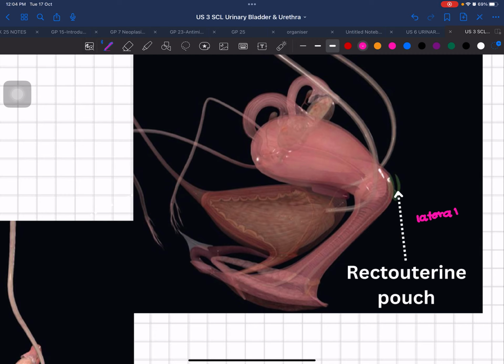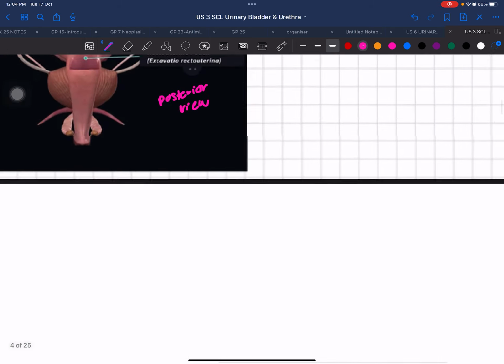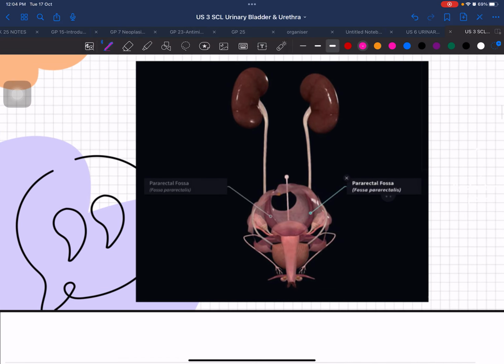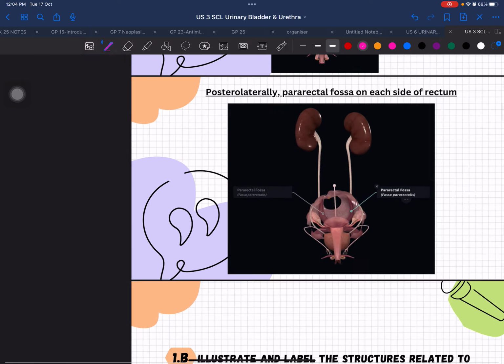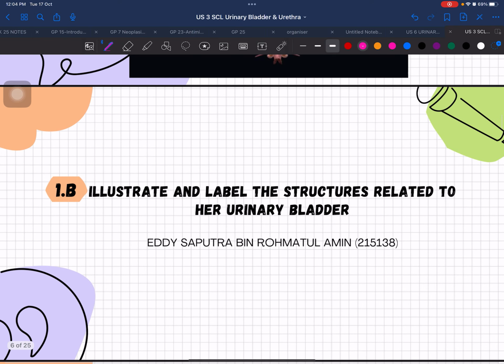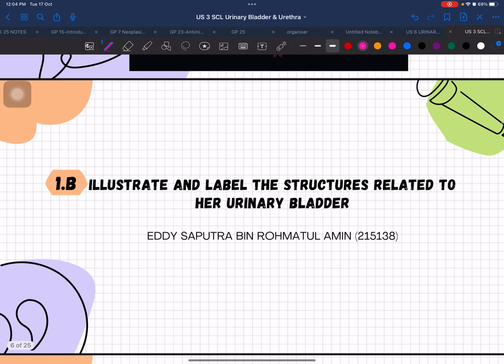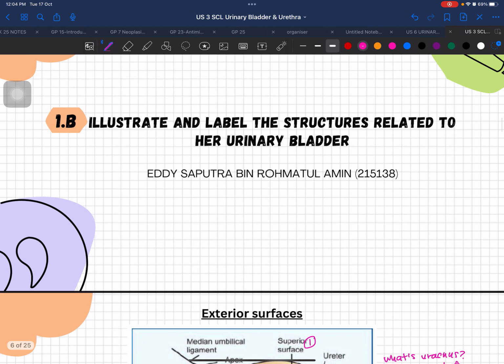Okay, next is the last one, which is the pararectal fossa. So this is the rectum, this thing I am circling, and this region is the fossa. Fossa, as we know, is a cavity.